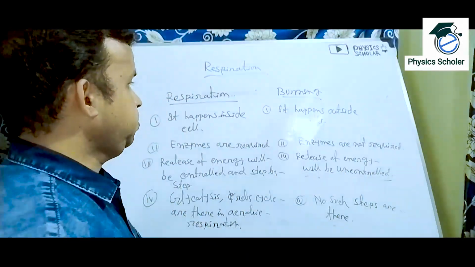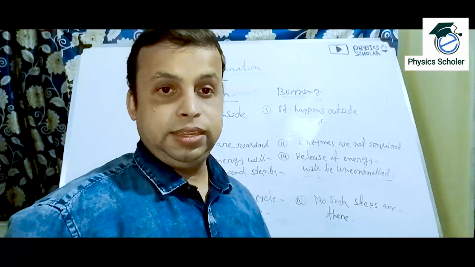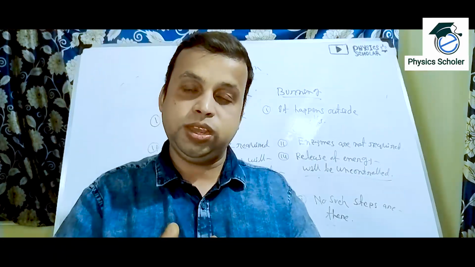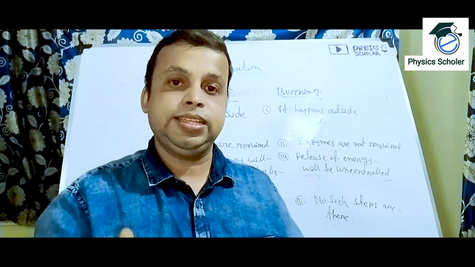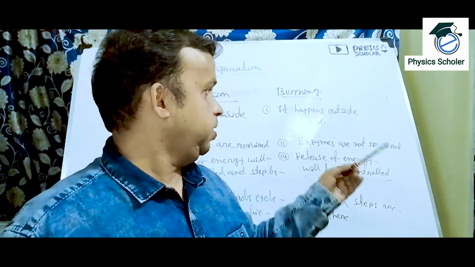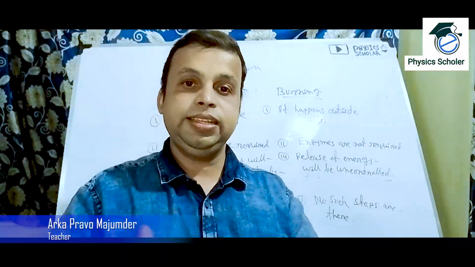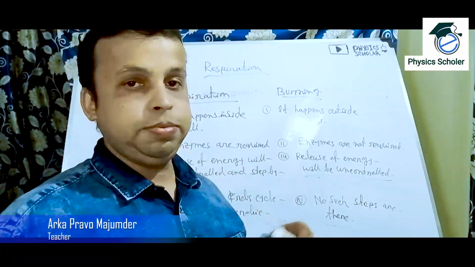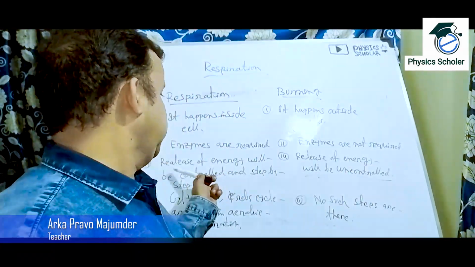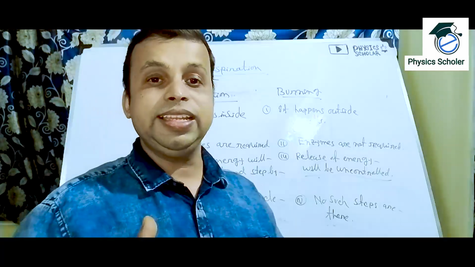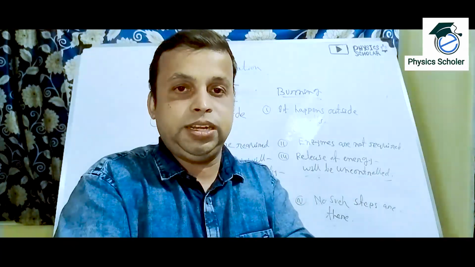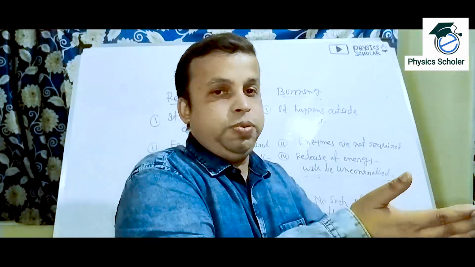So that means respiration occurs inside our cell, or inside the cell of any plant or animal. But burning is an outside process, outside cells. Enzymes are required in one and not in the other. In glycolysis, some energy is released, then the Krebs cycle for aerobic respiration releases all the energy from the food.